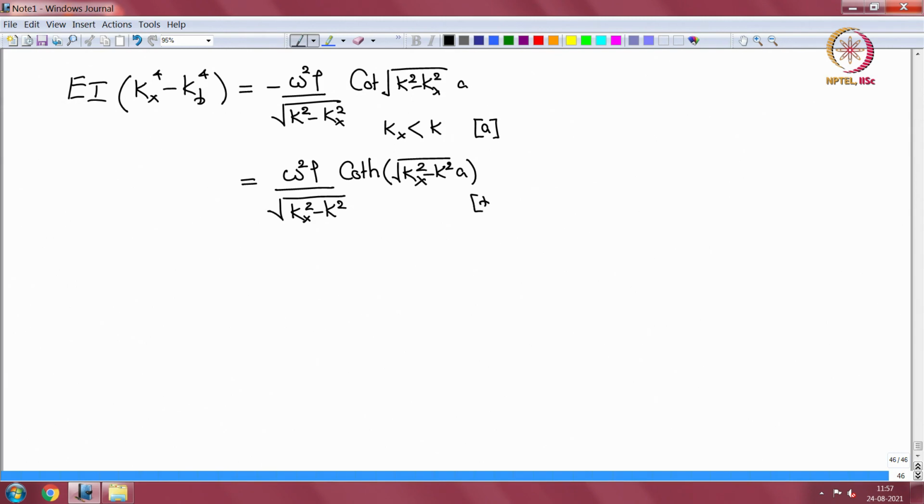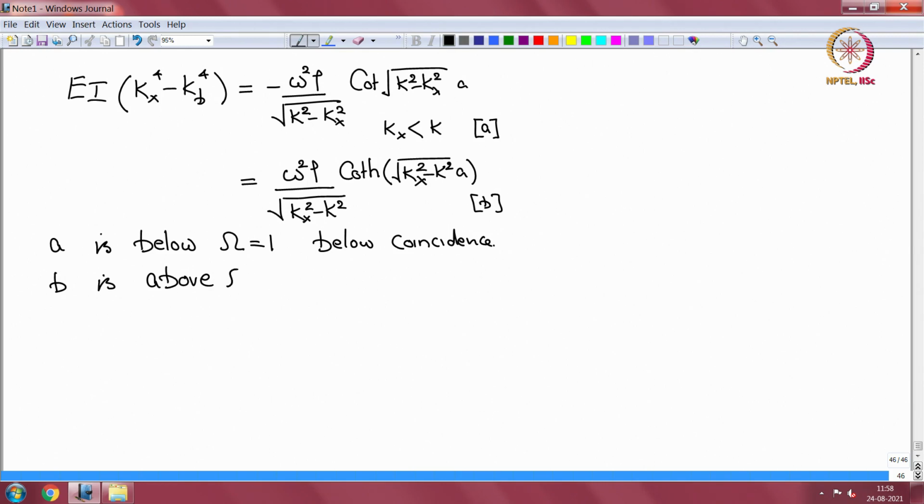We will call this B. So you can see that the A equation is for below omega equal to 1, below coincidence, and B is above omega equal to 1, above coincidence.